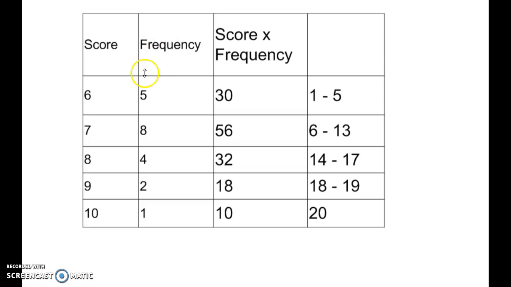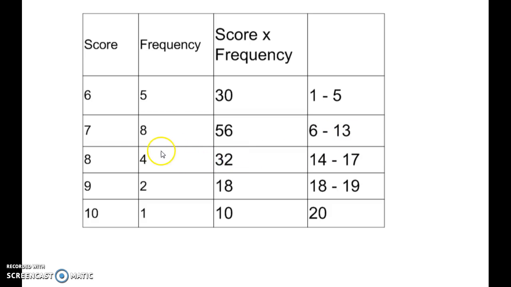Our first 5 values, if we put these in order from smallest to largest, would be the 5 students who scored 6 marks. So our first 5 values would be 6, 6, 6, 6, 6. And then the next 8 values would be 7s. So if the first 5 values are 6s, then values 6 to 13, those are the next 8 values, are all 7s.